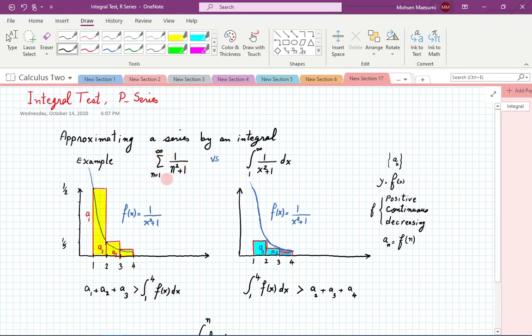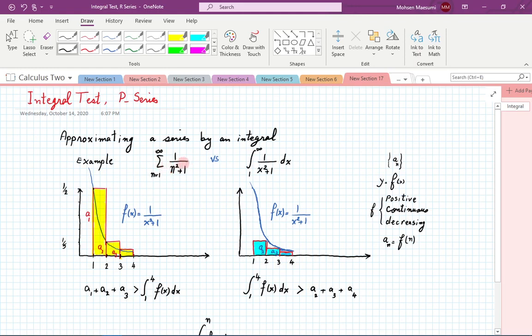When I want to investigate the sum of a series, I might as well investigate the area under the curve for a function that matches the terms of the series. So if it is possible for us to find a function that matches the elements of this series, we have an advantage in actually attacking the series and finding some information about it.